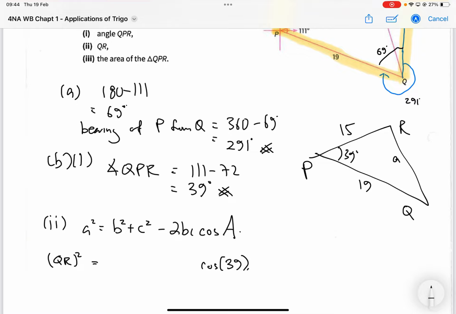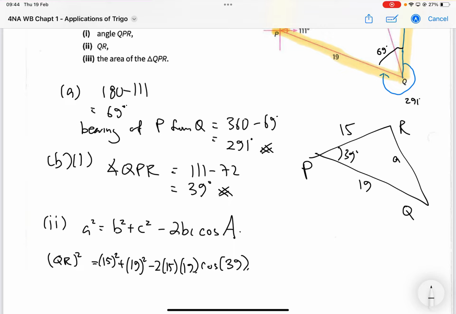There's not even a right angle here. Then my 15 and 19, they are the b and c already. I just need to put them in. One of them is b, one of them is c. b and c not important. Which one is b, which one is c? Because of their position inside the formula, b and c doesn't matter. You change 19 and 15, no difference to the calculation.